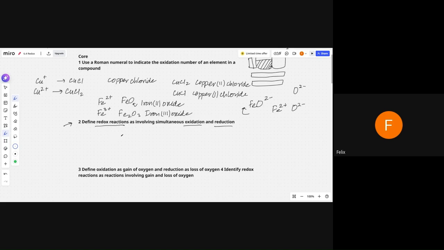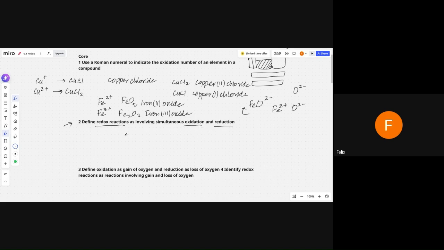And all reactions, I mean, if in a reaction oxidation is taking place, reduction will be taking place at the same time, right? So it is not possible that in a reaction only oxidation is taking place and reduction doesn't take place. That cannot happen.